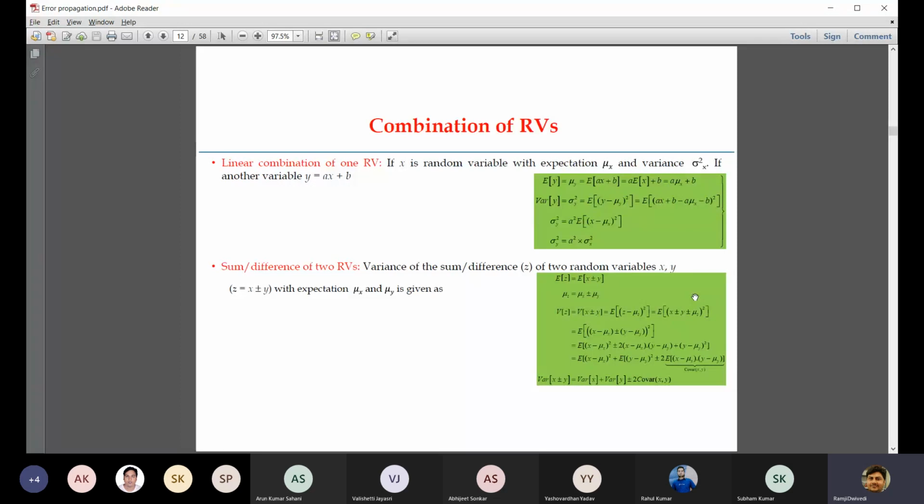Expectation of x1 would become mu x1, expectation of x2 would become mu x2. So answer would become mu z is equal to 2 mu x1 plus mu x2. That is the very basic and fundamentally you have solved for so-called mean.